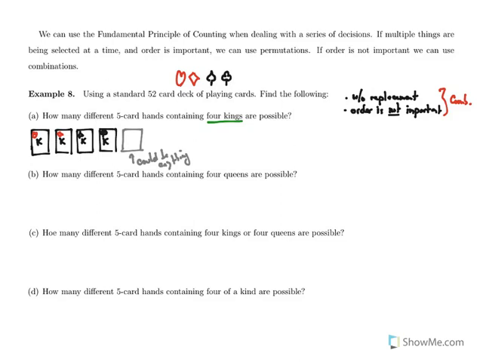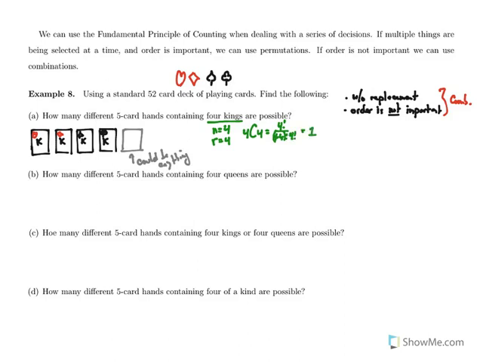So we have all 4 kings in the deck in our hand. That's like saying we have 4 things total, and we're choosing 4 of them. And 4 choose 4 is just equal to 1.